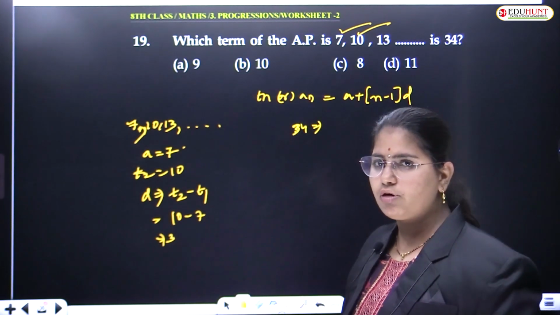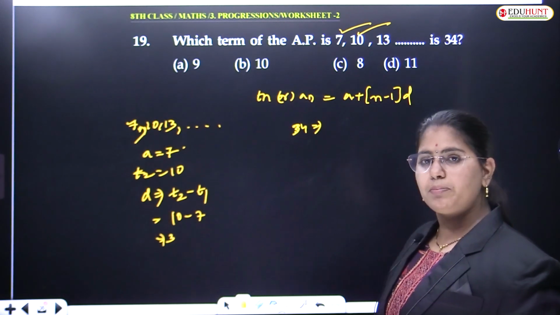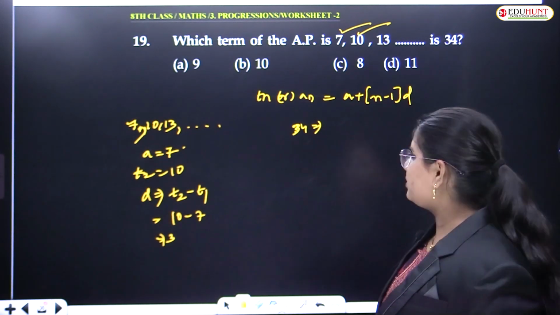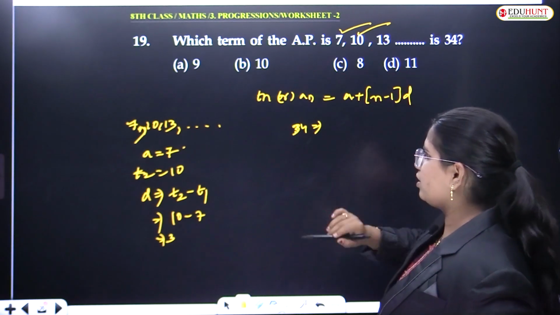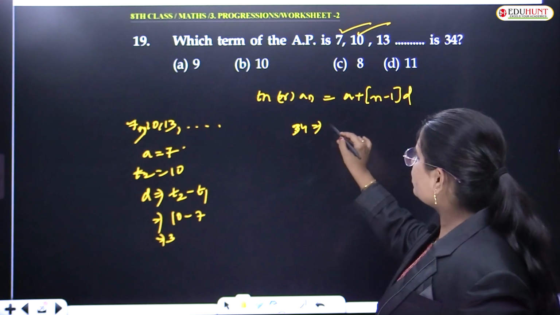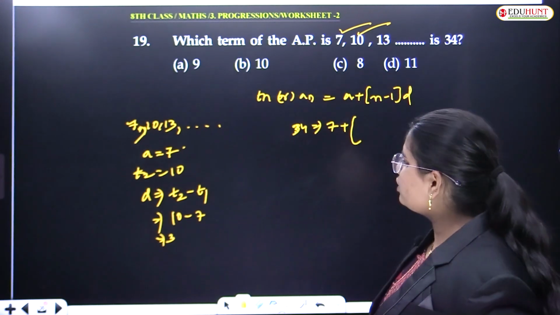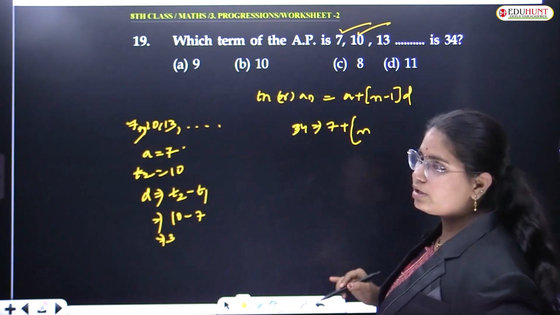So let's substitute all the values. We need to find the value of N over here, at what place. So the last term which is given, AN, is 34. A value is 7. Let's substitute all the values here. The N value I don't know, that is what I need to find.